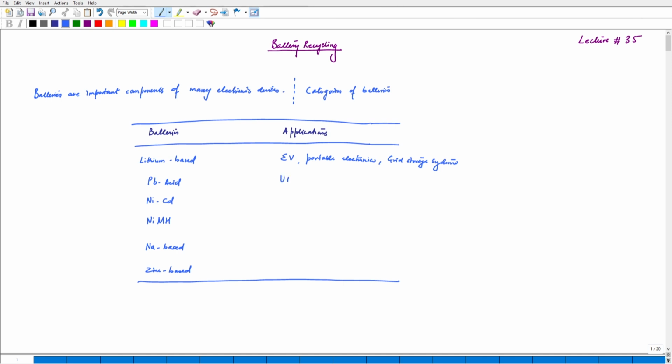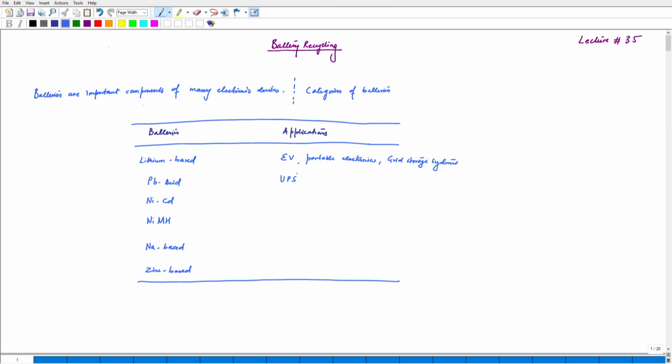Lead acid is basically UPS, not just for computers. Lead acid is one of the most important type of batteries that gives us uninterrupted power supply for many electronic devices that are used in large scale. Or the application of lead acid could be thought of supplying a continuous power supply to, let's say, hospitals or malls.